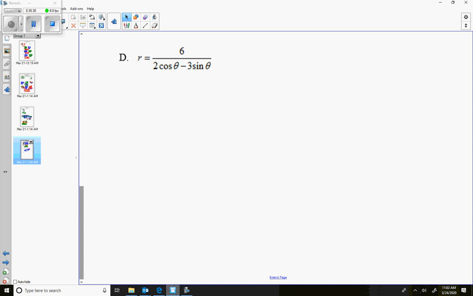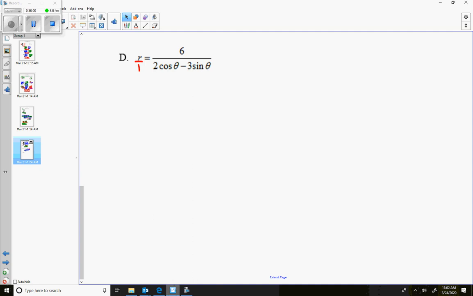Now, hopefully you immediately recognize a particular need looking at your denominators, and that is they need r's. I don't want just cosine theta, I want r cosine theta. I don't want just sine theta, I want r sine theta. But notice we do have an r already over there. So, for me, I would just put this r over 1 and cross multiply.